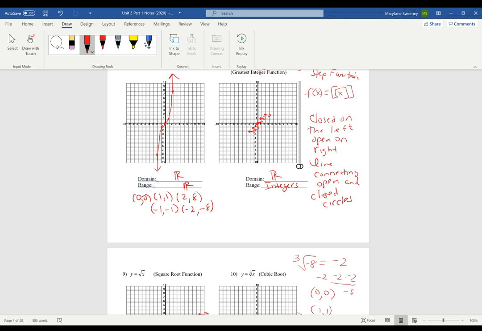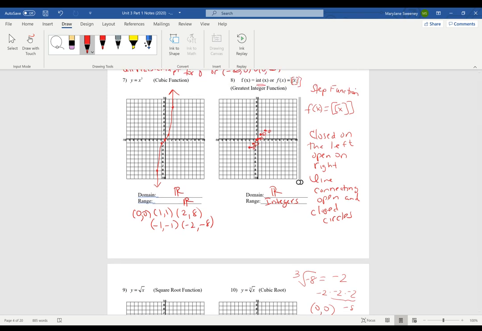Going back to the greatest integer function, that's one that sometimes people will call the birthday function, which works if you think of it in the positive direction. It's like saying if you're 16.9 years old, you're still 16, right? You're not 17 until you hit your next birthday.